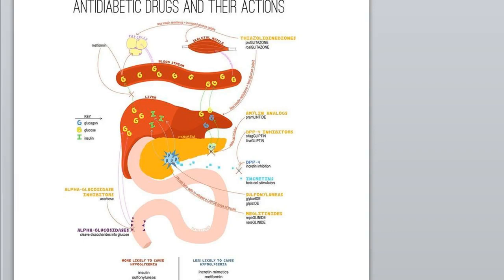And many times if we get them to lose weight and start exercising and help lower their lipid levels, that helps keep their blood glucose in control. If that does not happen, then we usually start the type 2 diabetic on an oral anti-diabetic medication, usually one from one of these categories that we've talked about.